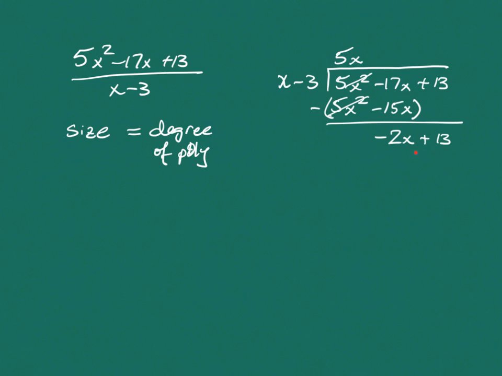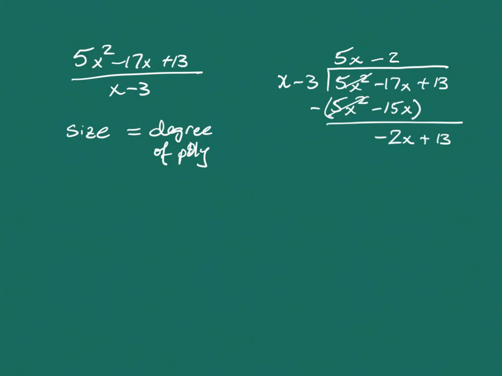I want to go until this degree is smaller than the degree of the polynomial I'm dividing by. So I can go one more. What can I multiply x by so that I end up with a negative 2x? I need a negative 2.